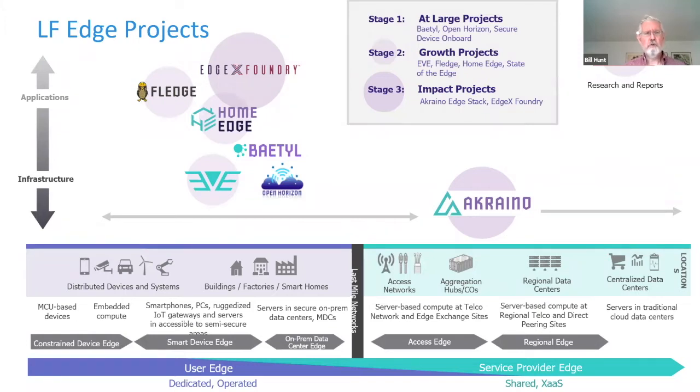They have a group called LF Edge, the Linux Foundation Edge, which is focused on building a set of tools for the edge that are all open source. There are several pieces to that: there's a consumer edge, a telco edge, an industrial edge, and so forth. And Fledge, which we're going to talk about today, is an open source stack that's defined for the industrial edge.